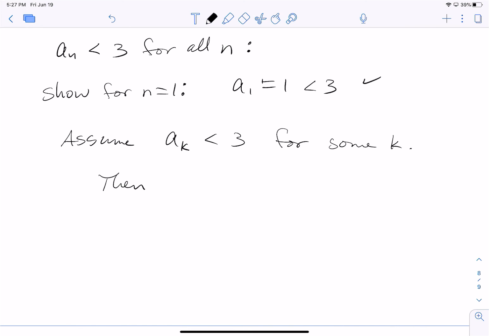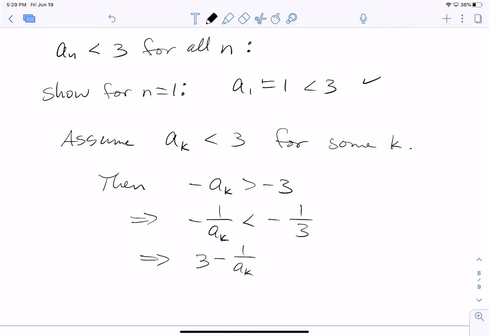Then, negative a sub k is greater than negative 3, which implies that negative 1 over a sub k is less than negative 1 over 3, which implies that 3 minus 1 over a sub k is less than 3 minus 1/3.